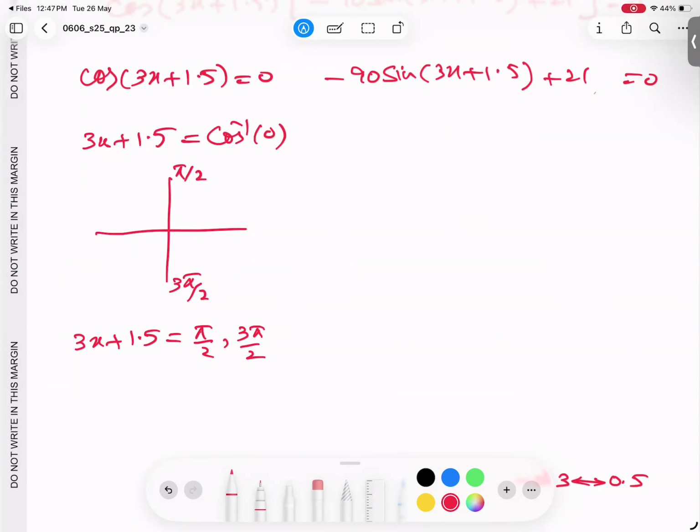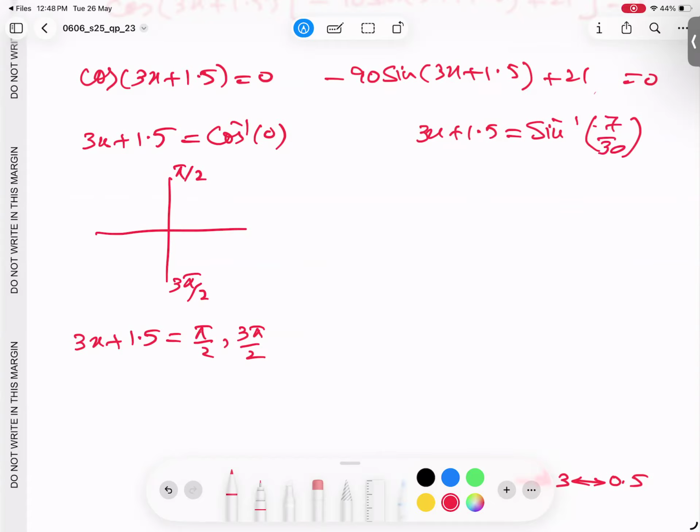If I make this alone, I can say that 3x plus 1.5 equals sine inverse, and 21 goes there, 90 divides. So I'm getting 21 over 90, in fraction form giving 7 over 30. Let me check again, 21 over 90, correct.